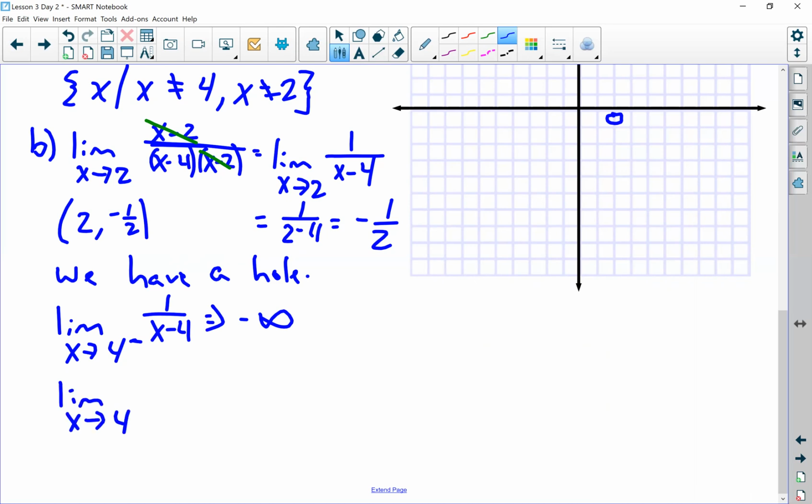If I take the limit as x approaches 4 from the right, now I have a number larger than 4 minus 4. And so when I subtract, I get a number that's positive. So it will approach positive infinity as we come from the right.